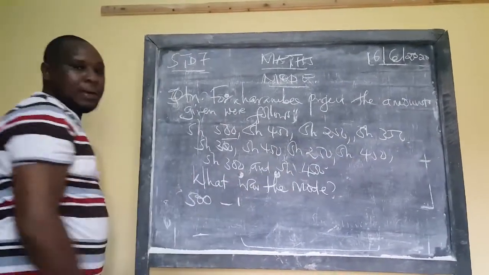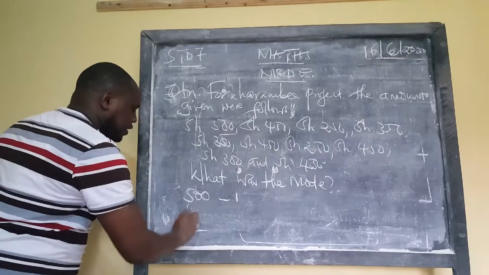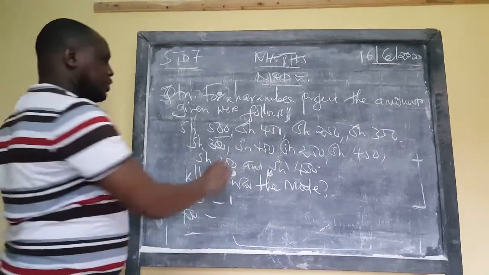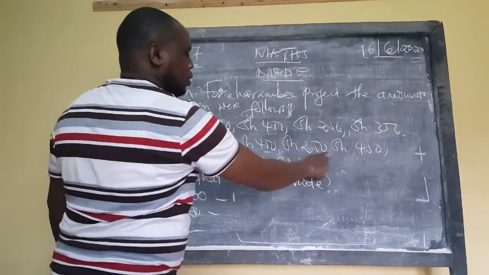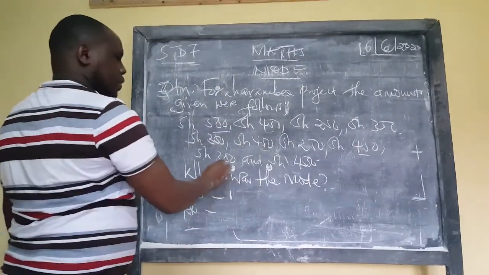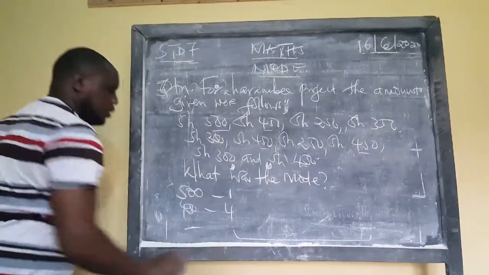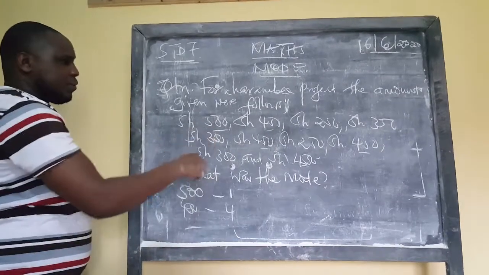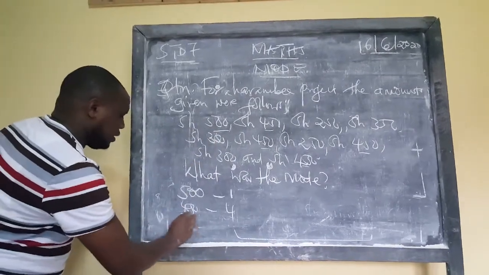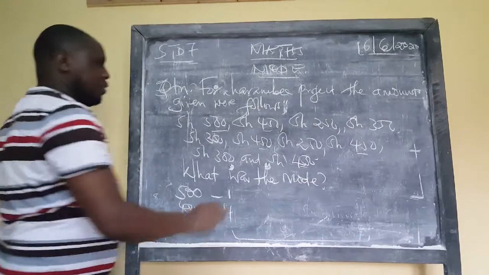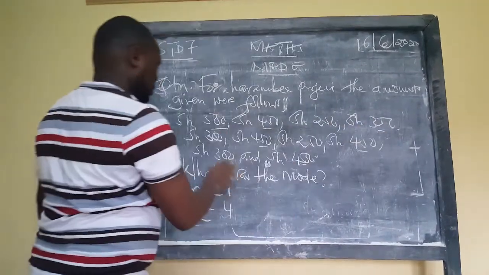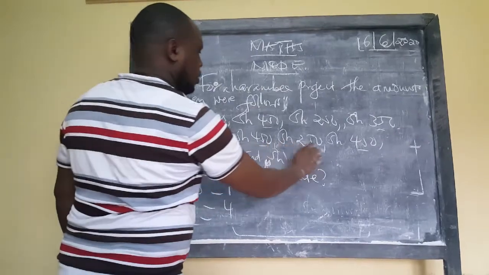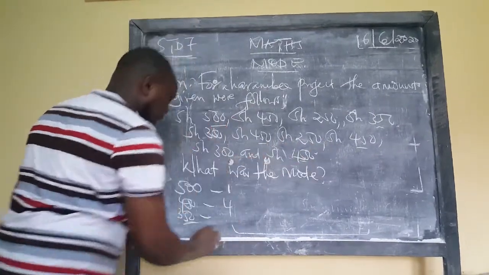once, one time. Then 450 appears 1, 2, 3, 4 times. Then after 450 we have 350, only 1.